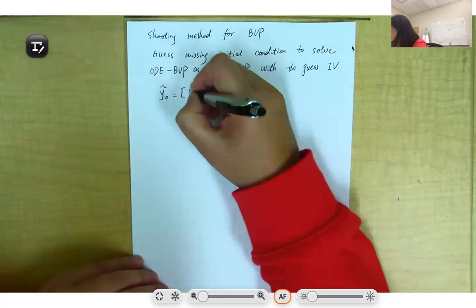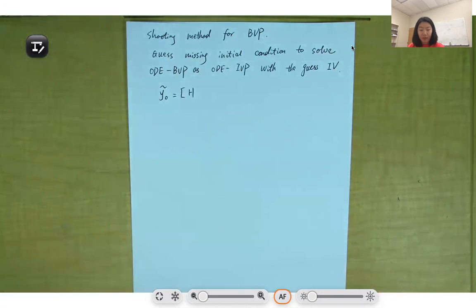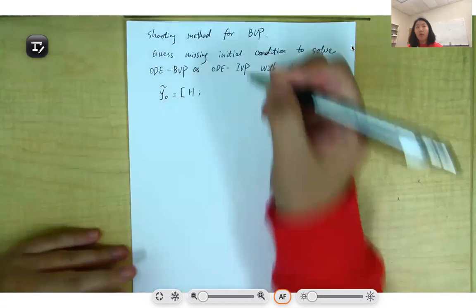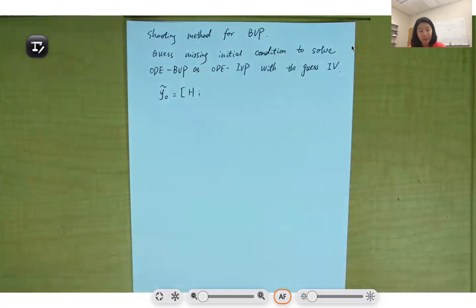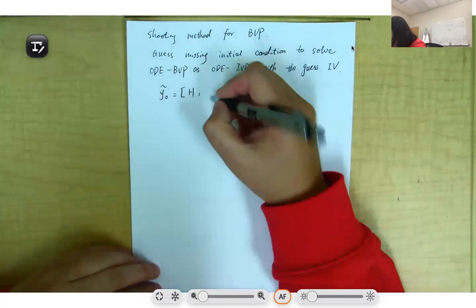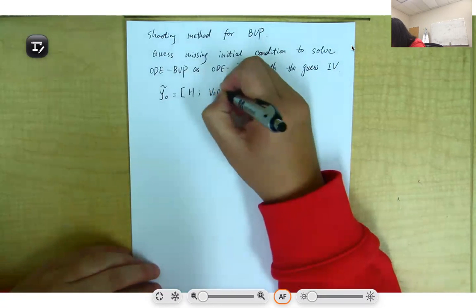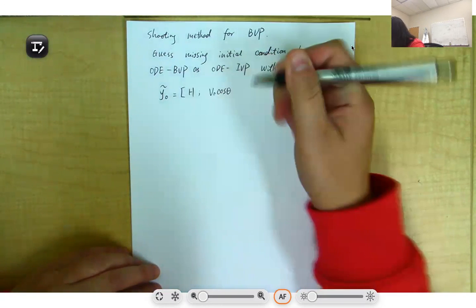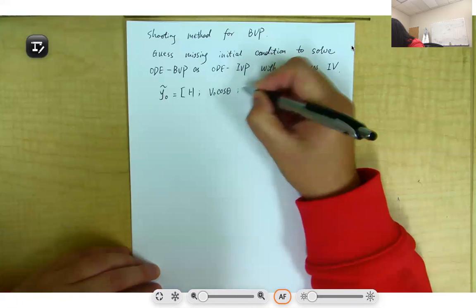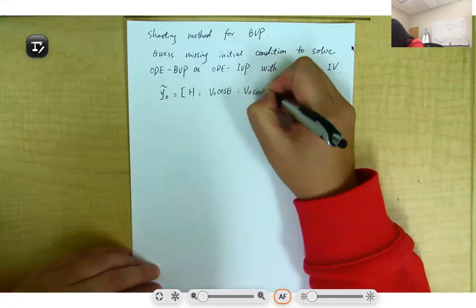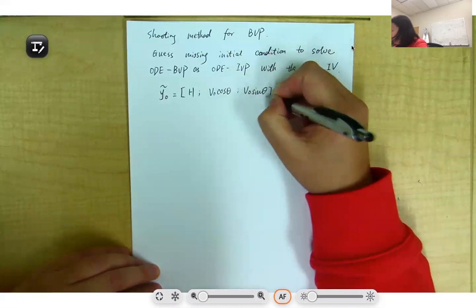We know what the z initial is, that is the height of the mountain, but we don't know what the Vx naught and Vz naught are, because we don't know the angle at which we will shoot the cannonball. So we will have V naught cosine theta for the Vx naught and V naught sine theta for the Vz naught.